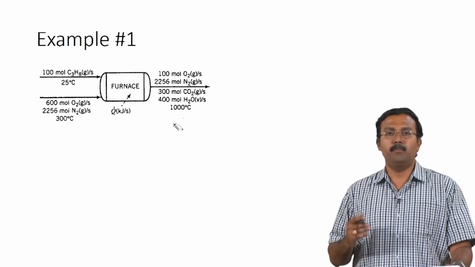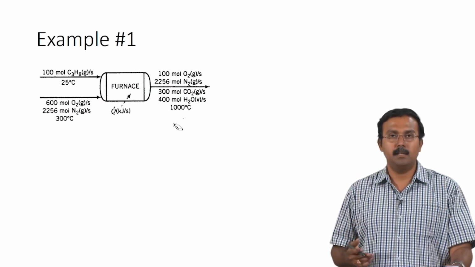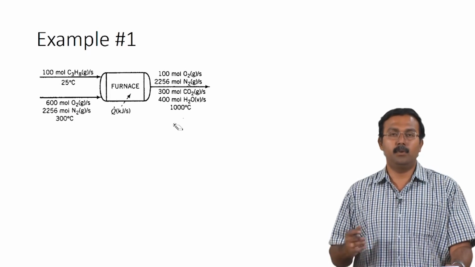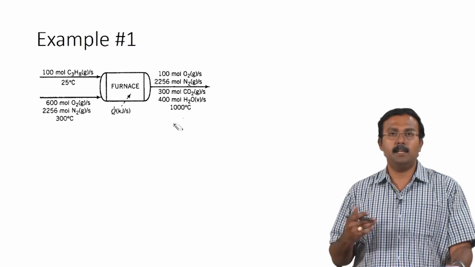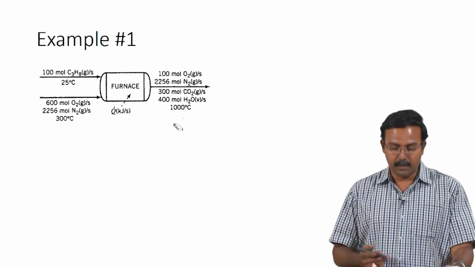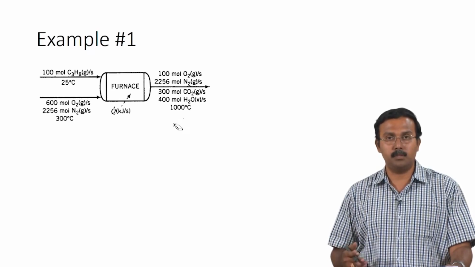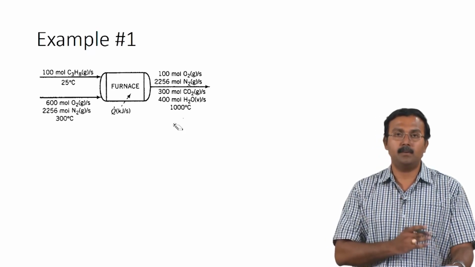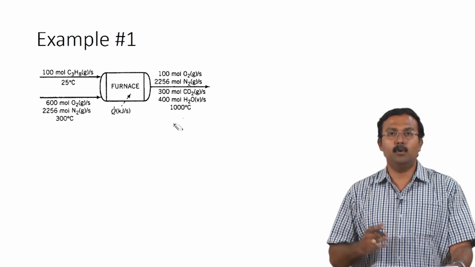The first step for any energy balance problem is to perform material balances. Here all the flow rates are known, so we do not need to perform any material balances. We can start with the energy balance aspect. The first step is to identify what type of system it is, whether it is an open or a closed system. You have flow rates coming in and leaving the system, so it would be an open system.